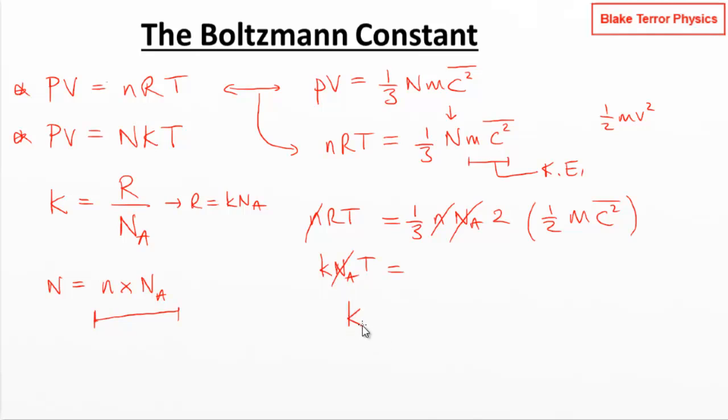So we've got kT is equal to 2/3 multiplied by the average kinetic energy of a particle in the gas. So if we just want the average kinetic energy, the average kinetic energy of a particle is 3/2 kT. So it is purely determined by the temperature of the gas.